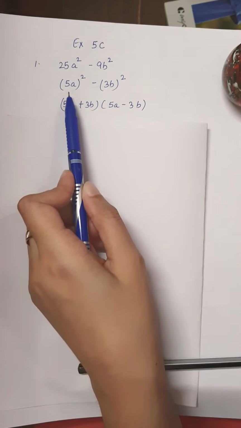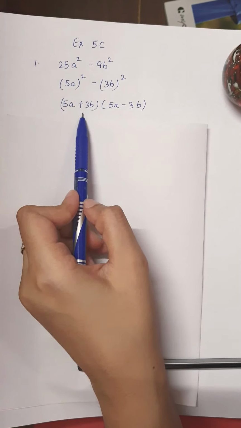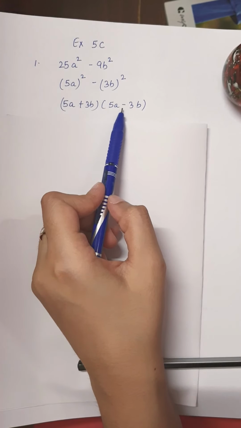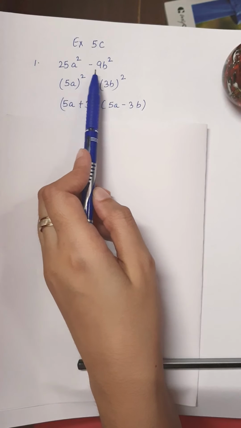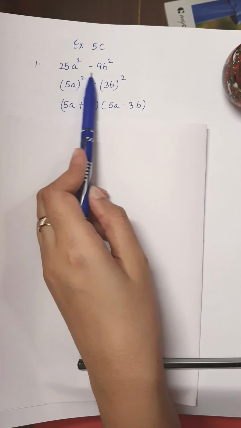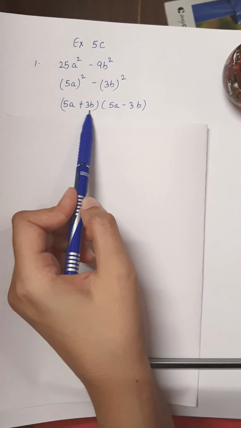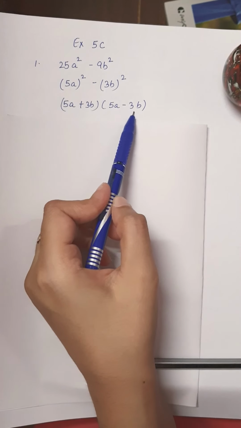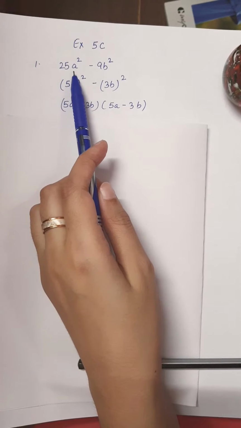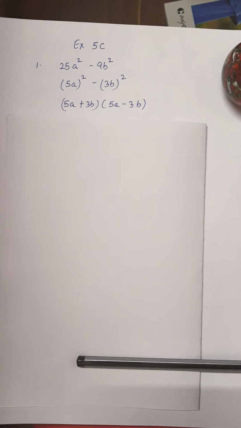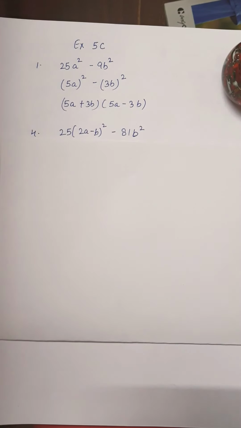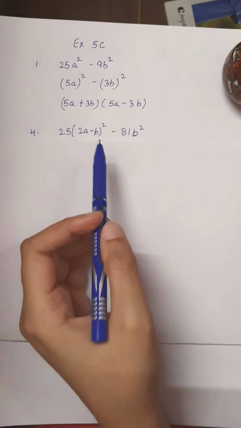I have just written this plus this and this minus this. Now I have ultimately expressed this expression as the product of two expressions. So this is the first factor and this is the second factor of the given expression. Easy?